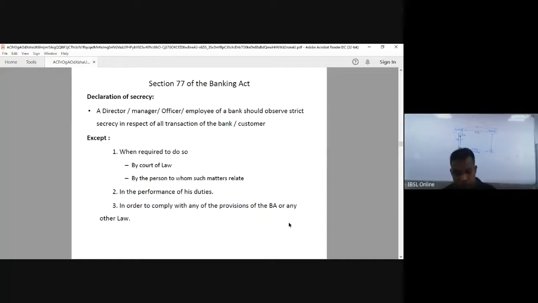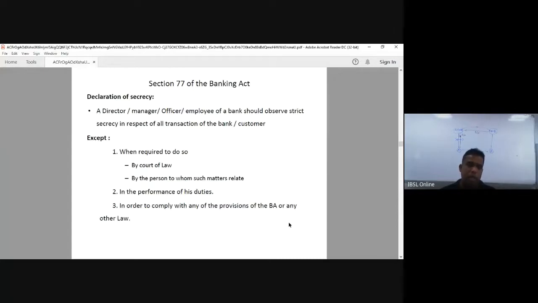the situations in which you can divulge information under common banking law and the circumstances in which you can divulge information to a third party under the Banking Act are different, right? Some are similar, some are different. Under the Banking Act, there is a provision that you can divulge information while you are performing your duty as a bank.